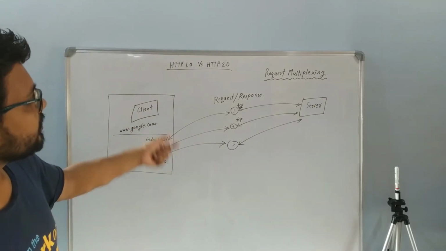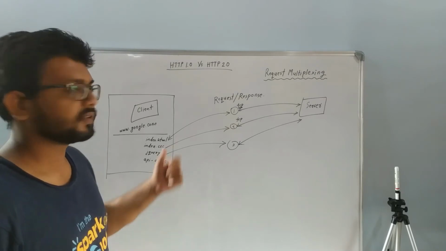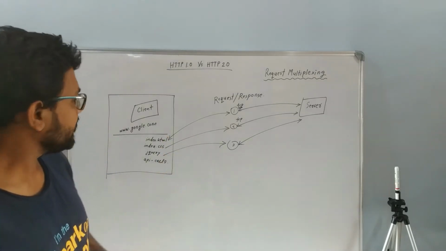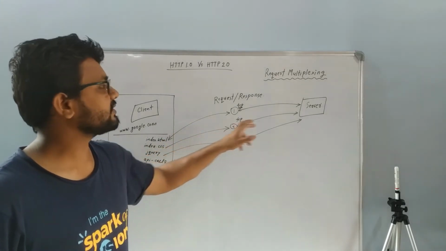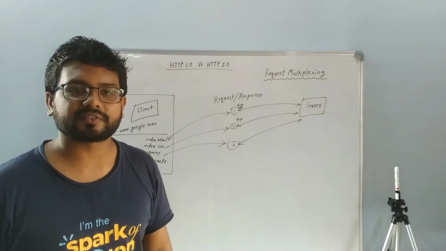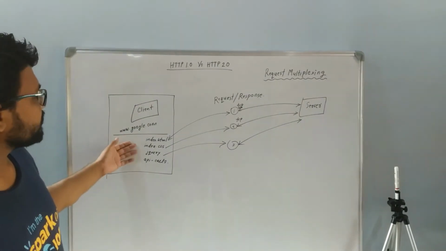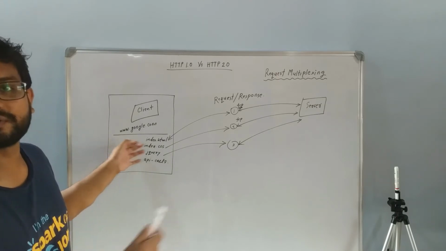So what is the drawback of this mechanism? Every time the client wants some resource, it has to establish a TCP connection with the server and send the HTTP request. So the more resources a client wants, the more requests to the server, and so more traffic to the server.